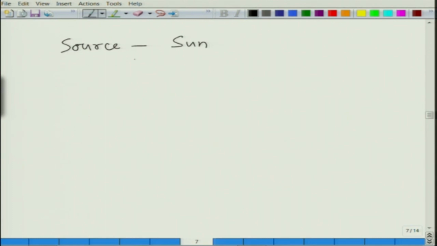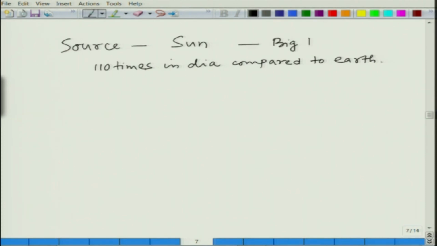It is a big ball of fire, and it is about 110 times in diameter compared to earth. So, it is much bigger. In terms of volume it will be the cube of this, only 110 times in the diameter.